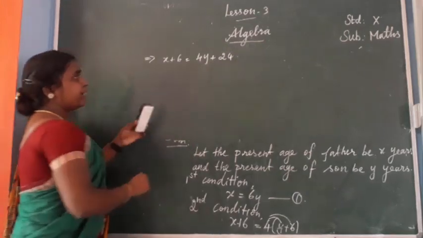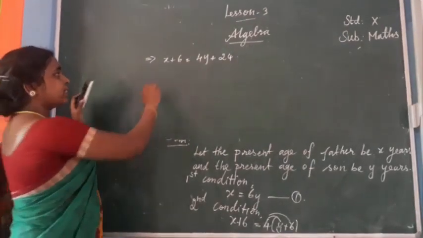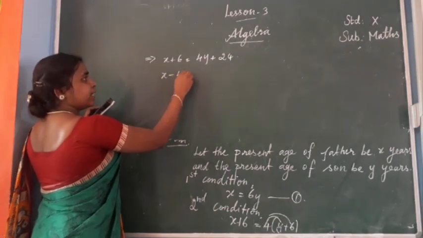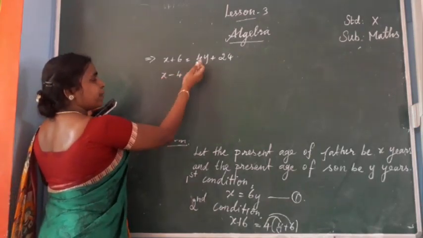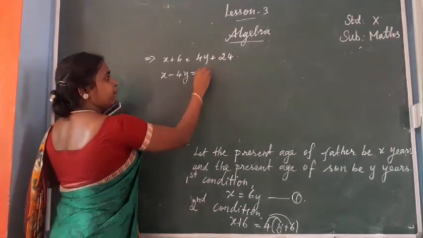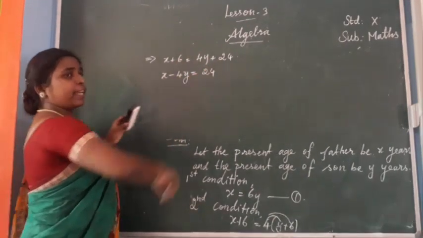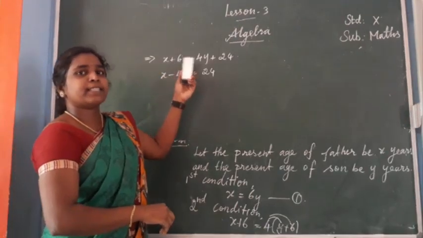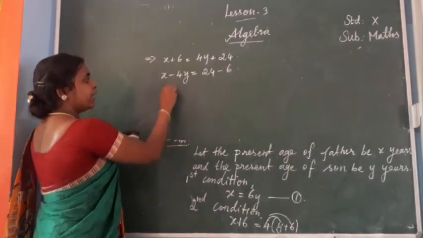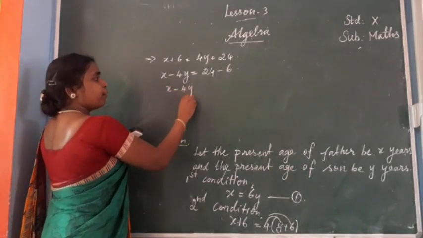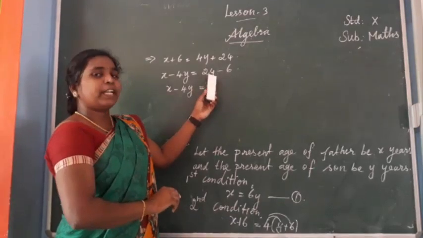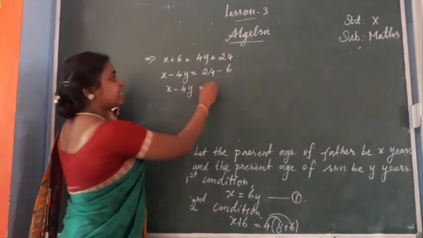Now take the variables to one side: take 4y to the left hand side, plus becomes minus, so minus 4y. The 6 you take to the right hand side, so plus 6 becomes minus 6. Now x minus 4y equal to 24 minus 6, which is 18.